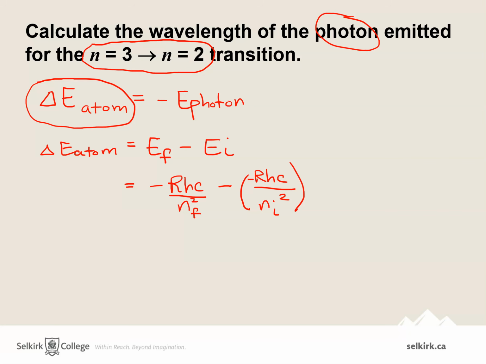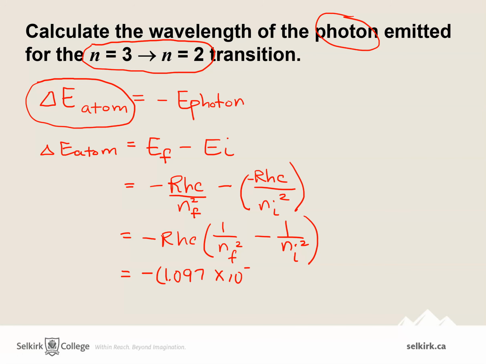Well, I can simplify that a little bit. I've got a common factor. Let's pull out a negative RHC, and I'm left with 1 over n final squared minus 1 over n initial squared. That's going to make it less complicated when I actually put the numbers in there. R, the Rydberg constant, is 1.097 times 10 to the positive 7. I had to look that up because we don't memorize things, right?